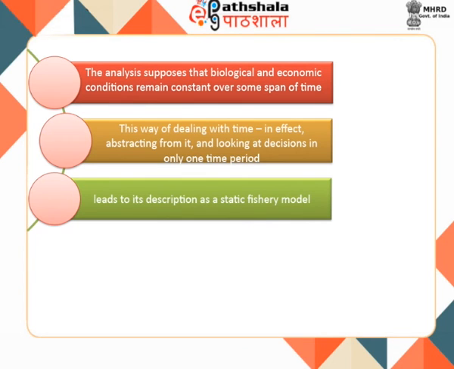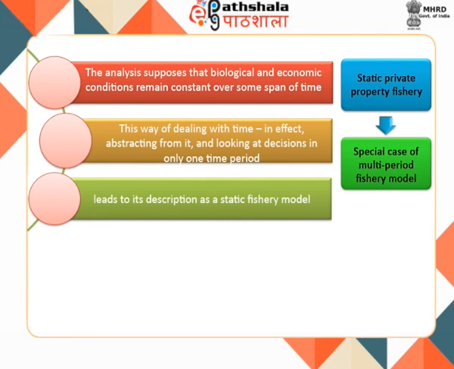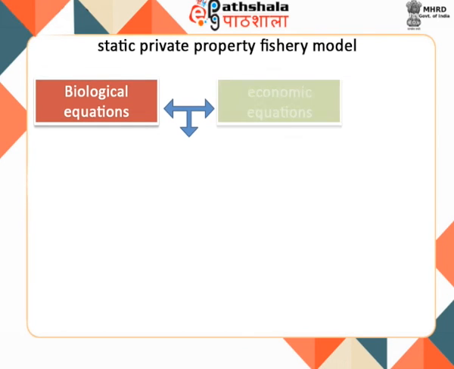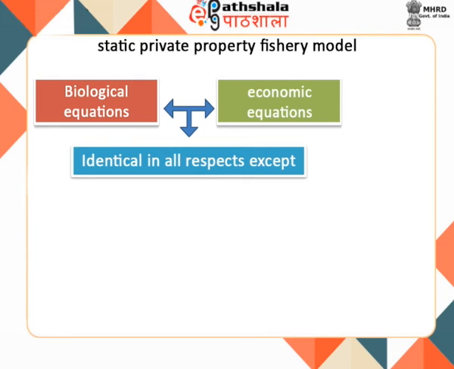More specifically, the static private property fishery turns out to be a special case of a multi period fishery model, the special case in which owners use a zero discount rate. The biological and economic equations of the static private property fishery model are identical to those of the open access fishery in all respects but one.